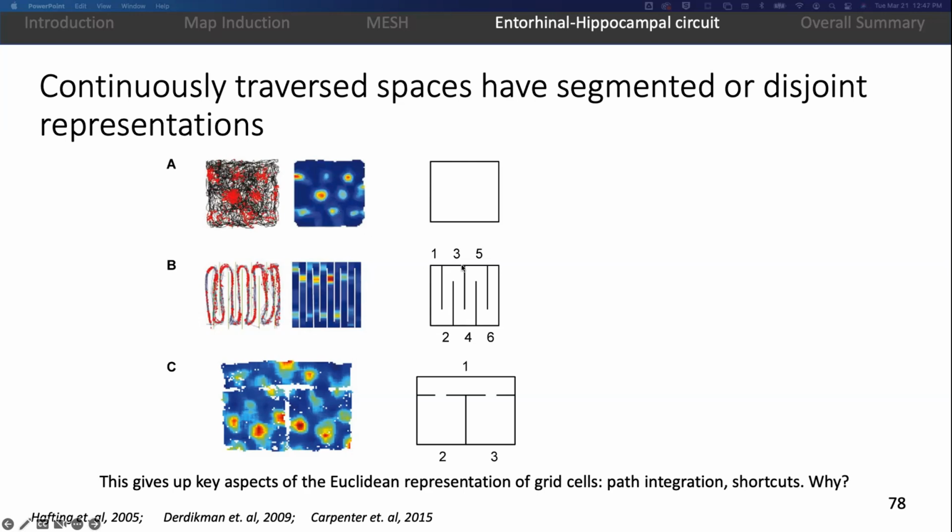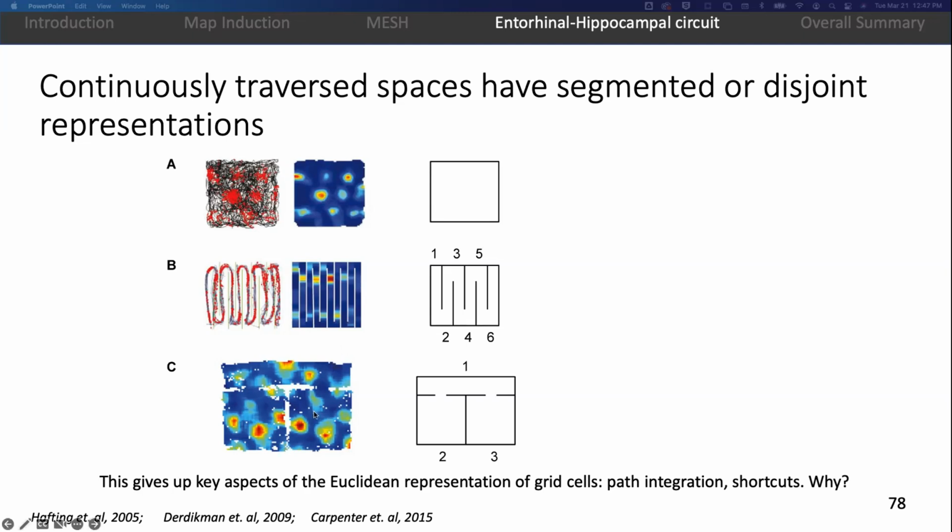However, if you now insert these physical barriers and you look at the grid cell firing maps again, then you see that there's fragmentation across these maps such that the alternate arms have the same firing fields at the same location, but the consecutive arms do not, right? So it seems as if the map is fragmented between consecutive arms, but is repeating across alternate arms.